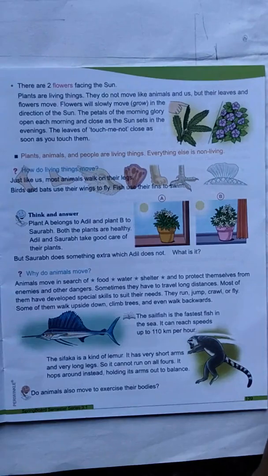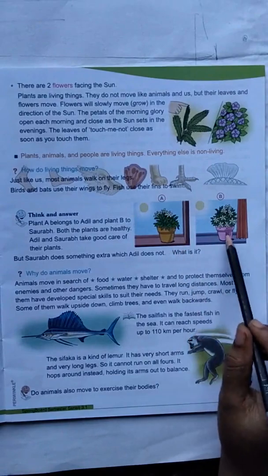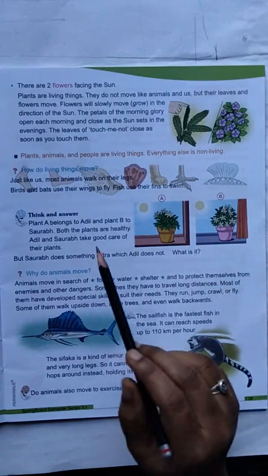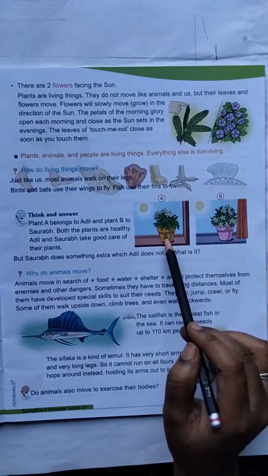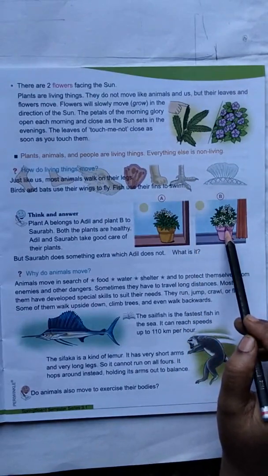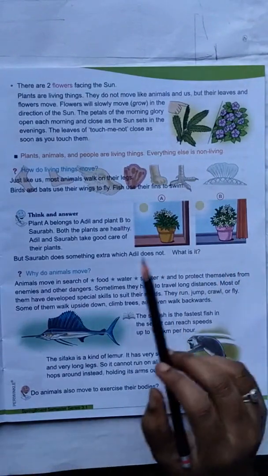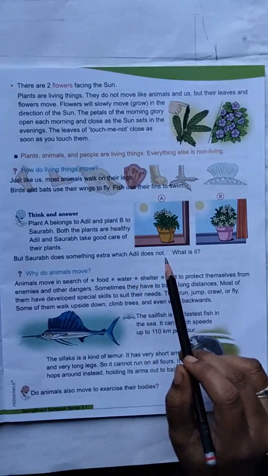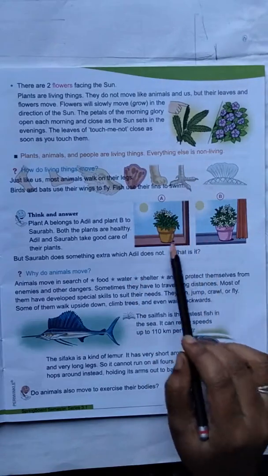Think and answer. Two pictures are there. Plant A belongs to Adil and plant B to Saurabh. Both the plants are healthy. Adil and Saurabh take good care of their plants.